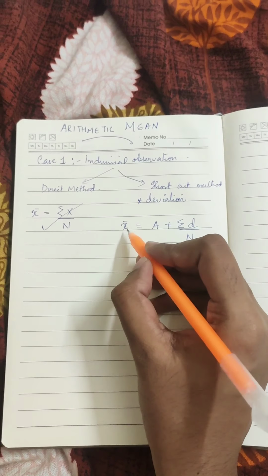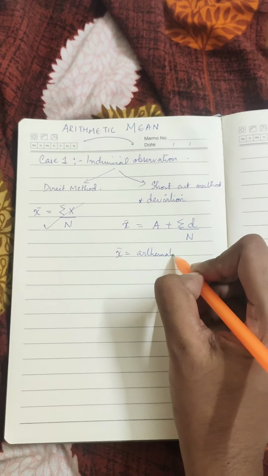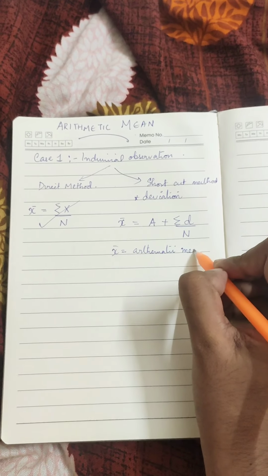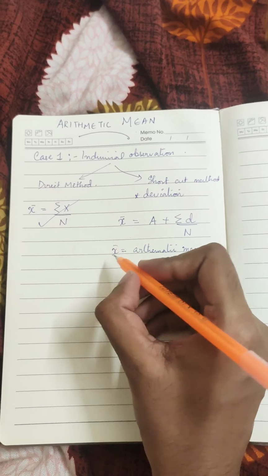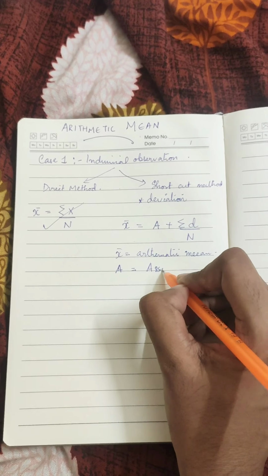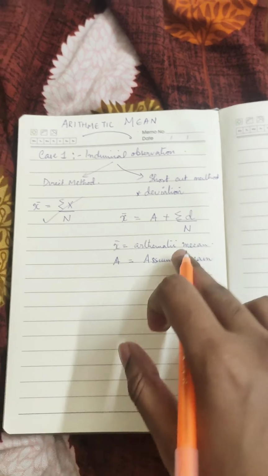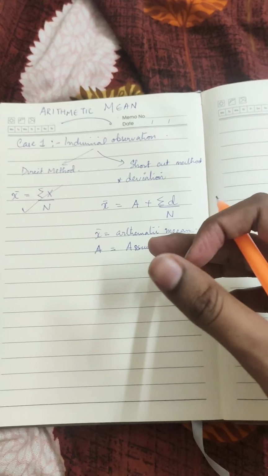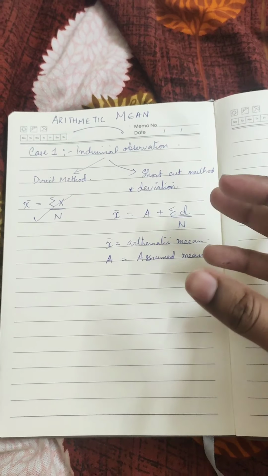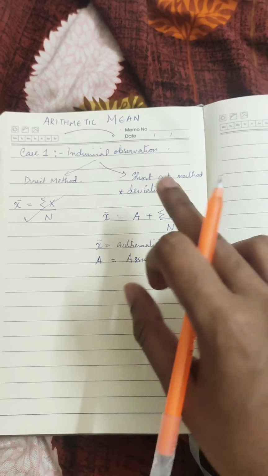Where x bar is your arithmetic mean, and your capital A is your assumed mean. This is basically the assumption that you take, your middle value, the value that you take to calculate your average.